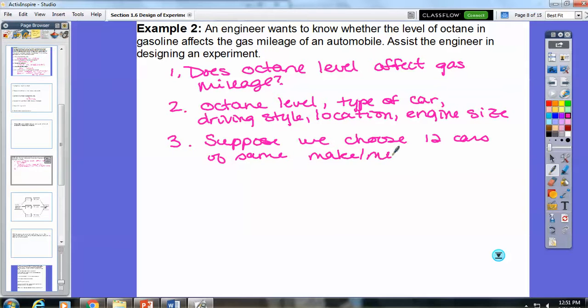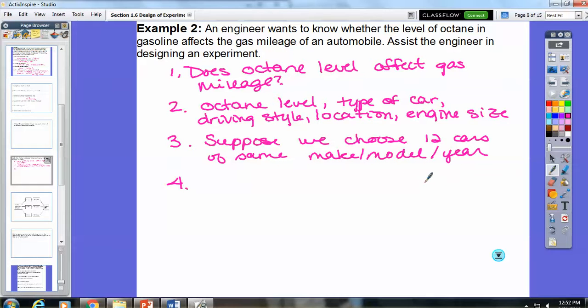of the same make, the same model, breed, year. That way we are eliminating some of these other variables by choosing the same type of car, same age, those things. Should we put same location?